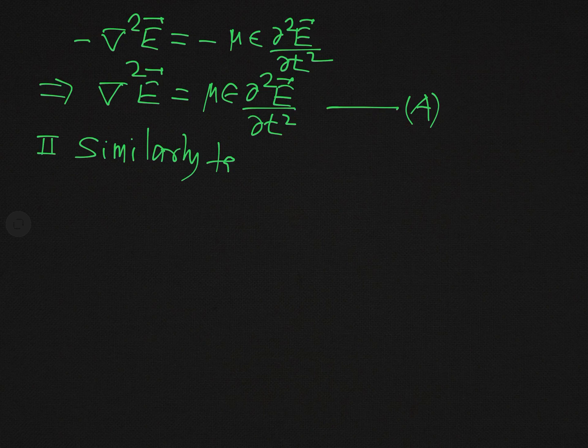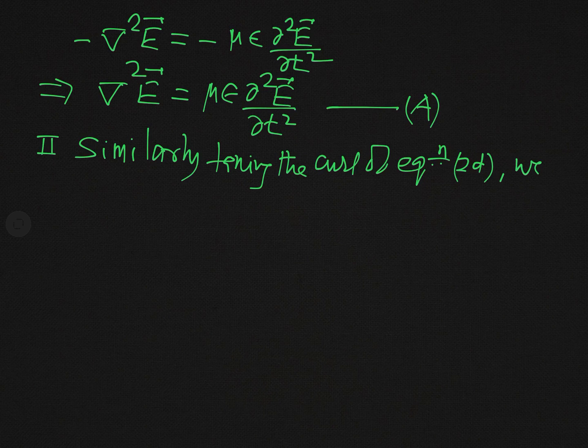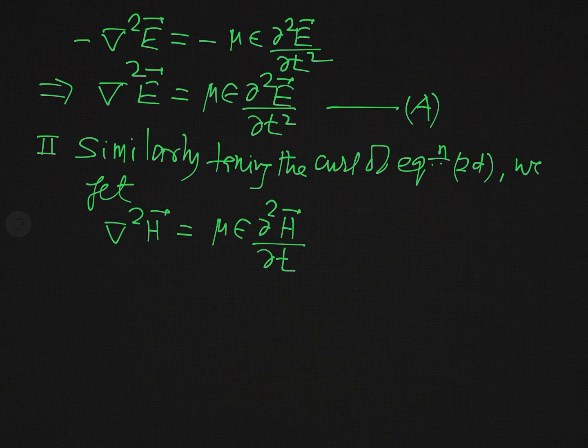Similarly, taking the curl of equation 2D, we get, actually, del square H equal to mu into epsilon del 2H by del T square.